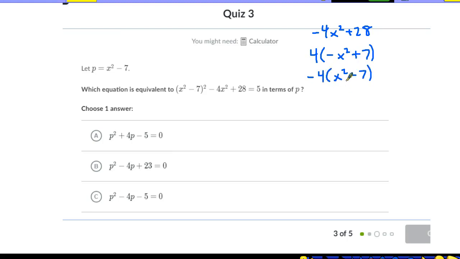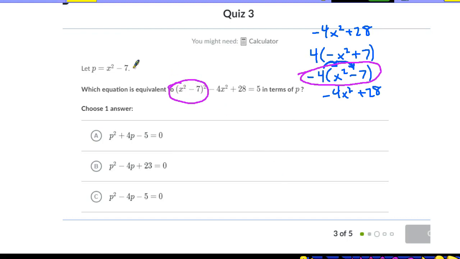And if some of you are in disbelief how this could be the same as this, just distribute. Just multiply negative 4 times that and multiply negative 4 times that. And if we do, we get negative 4x squared plus 28. So, the cool thing here is that if we have this and this, then we can go ahead and create an equation.